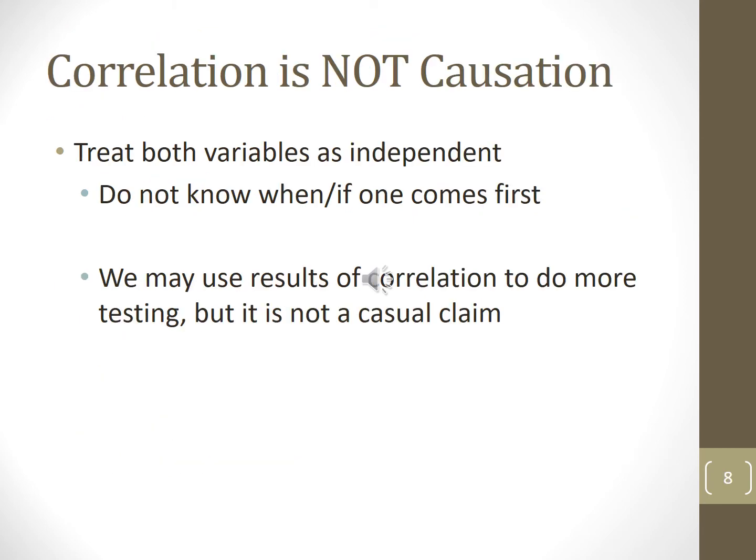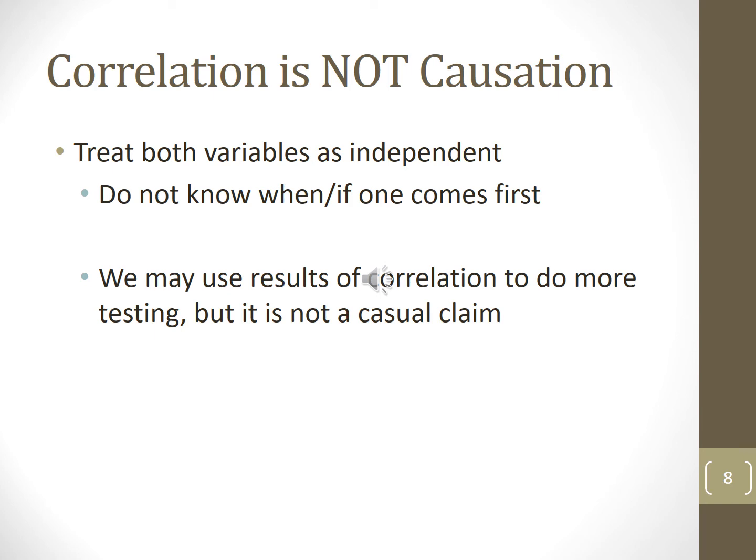When scientists get into trouble or when people misunderstand information, it's often because we assume that because we have established that a relationship exists, it means that there's causation. And that is not the case. In fact, we talked about this all semester long, but here's where the rubber meets the road. Correlation is not causation.